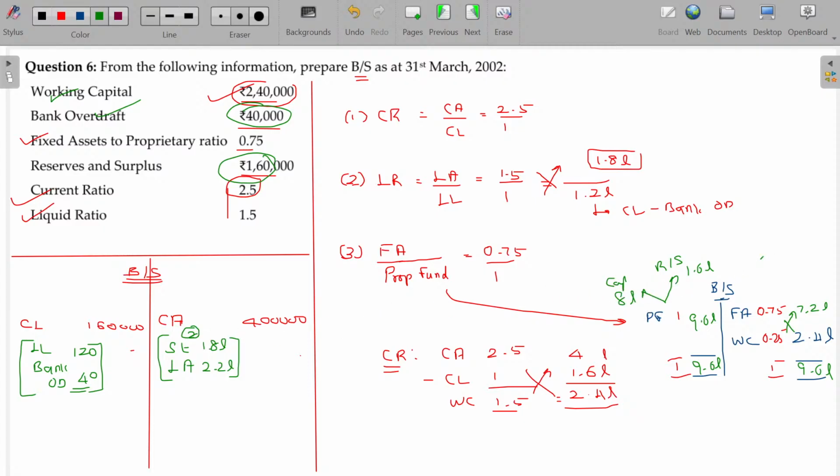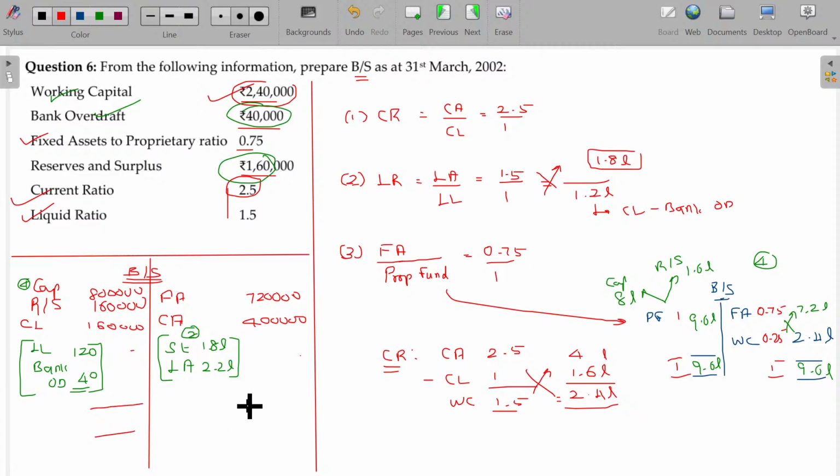So from working note number 4, share capital, okay, capital, the value being 8 lakhs, reserves and surplus 1 lakh 60, and then fixed assets 7 lakhs 20.